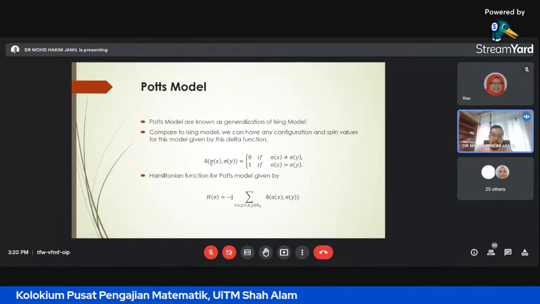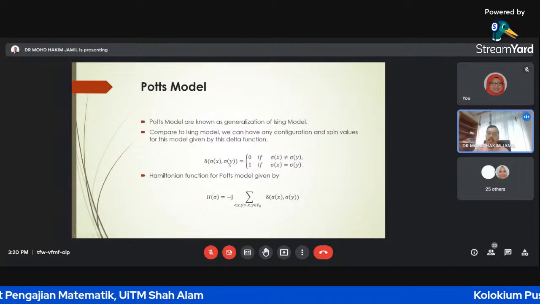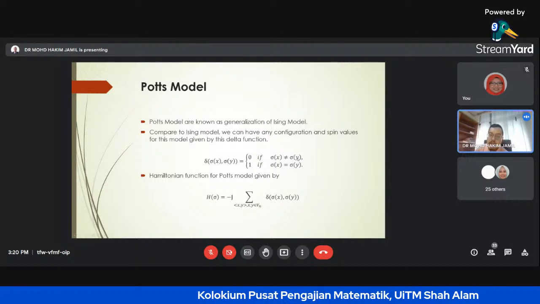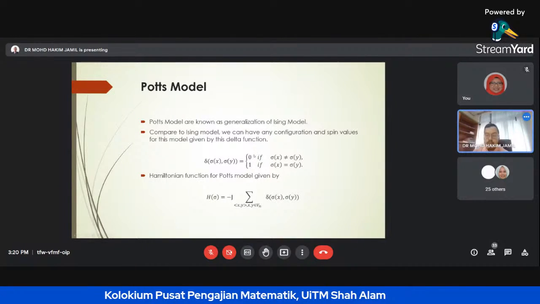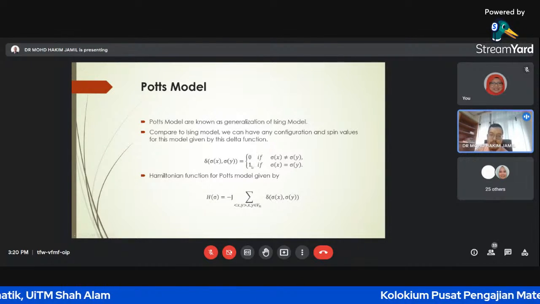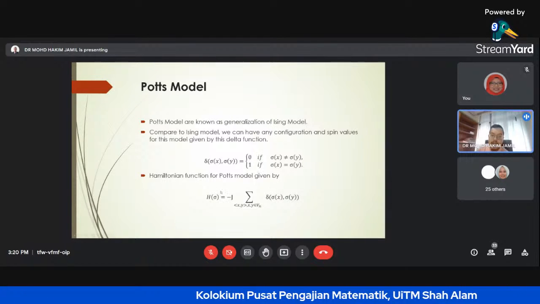So we have delta function of configuration of x, configuration of y. If configuration of x is not equal to configuration of y, we put it as 0. When we have configuration x equal to configuration y, we have 1. So we have the Hamiltonian function for the Potts model given by this Hamiltonian function.